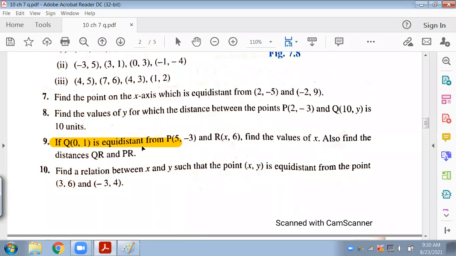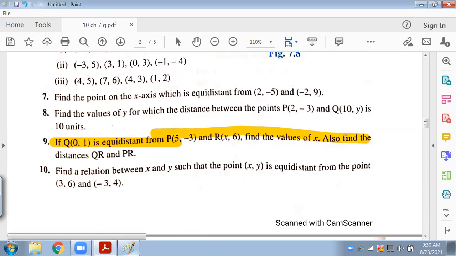Okay, so this Q is equidistant from these 2 points. You have to find the value of x, and also you have to find the distance QR and PR. So it is a little bit long question. Okay, let's start.